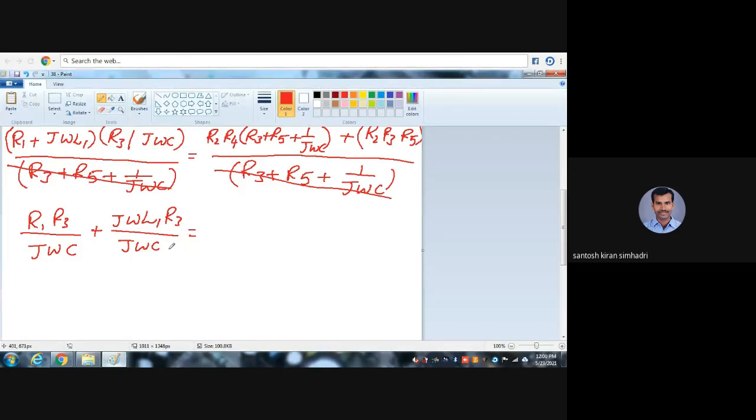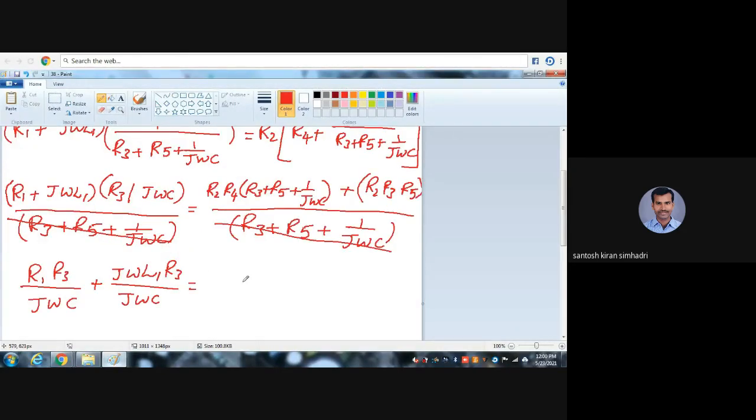Then what about the next expression? I think there are 4 expressions. So how can we write those complete expressions? Okay, I will try to sort it out. These are all the expressions. Now this is R2 R4 R3 plus R2 R4 R5 plus, one second.